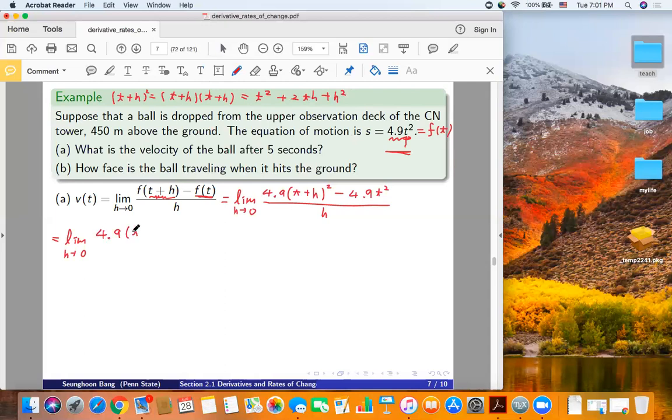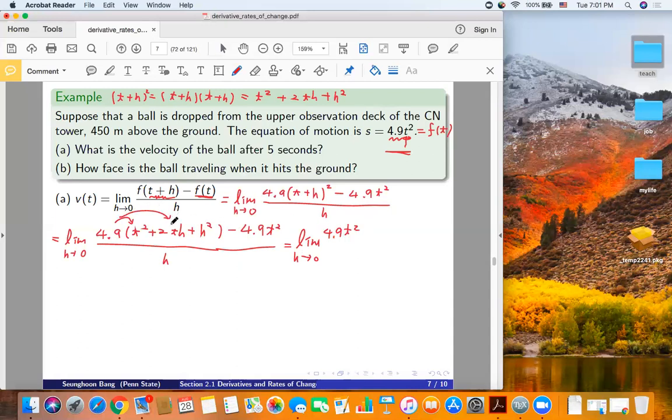So we have 4.9 times t squared plus 2th plus h squared, minus 4.9 t squared, over h. Let's calculate more. It's the same as the limit as h approaches 0. You can distribute 4.9 to the first one, 4.9 t squared.